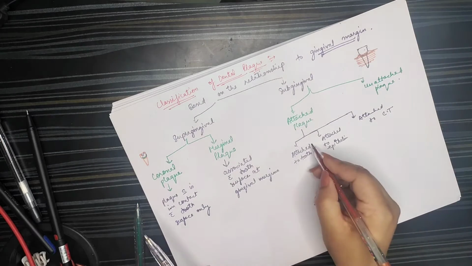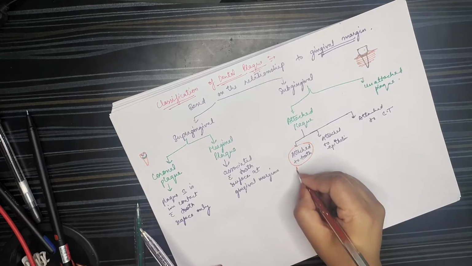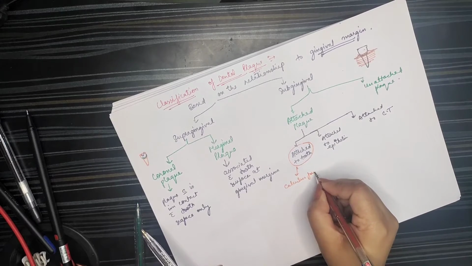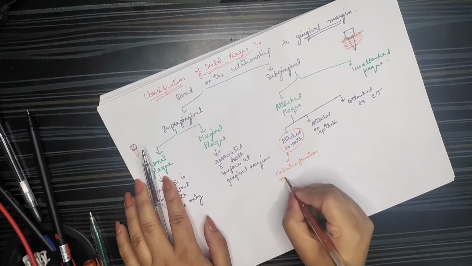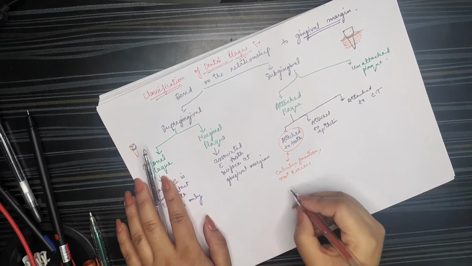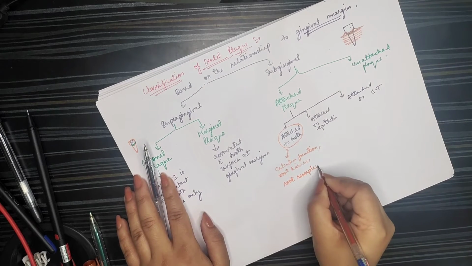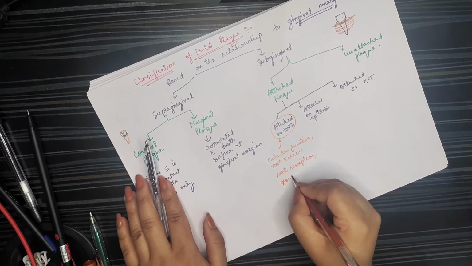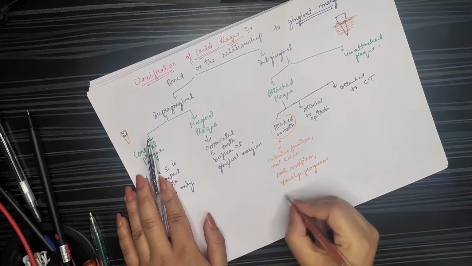Now the one which is attached to the tooth surface is associated with calculus formation, root caries, root resorption, and slowly progressive periodontal destruction.